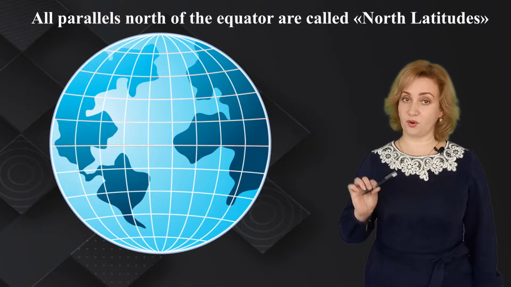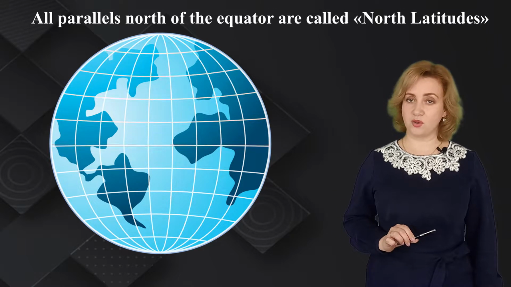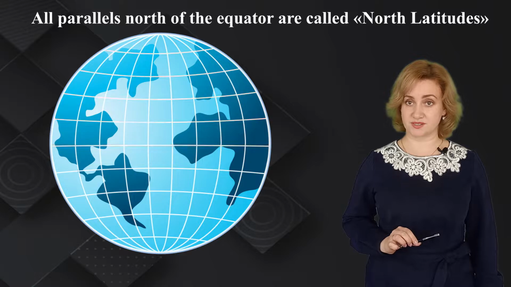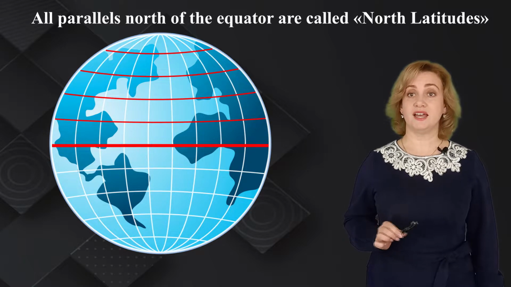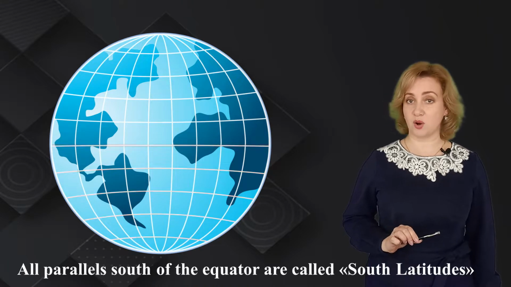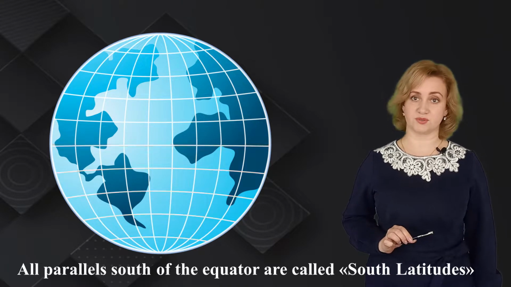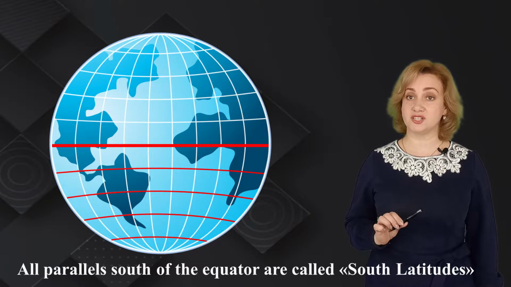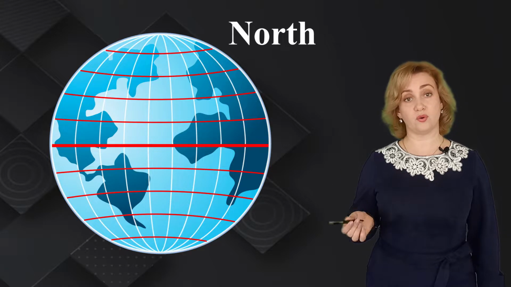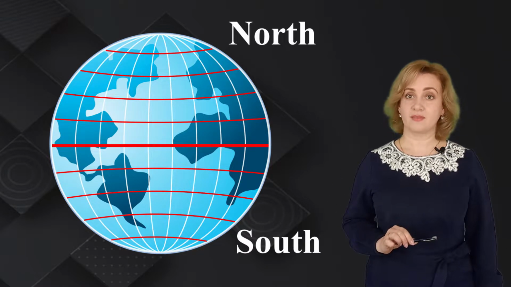As such, all parallels north of the equator are called north latitudes. Similarly, all parallels south of the equator are called south latitudes. The value of each latitude is therefore followed by either the word north or south.